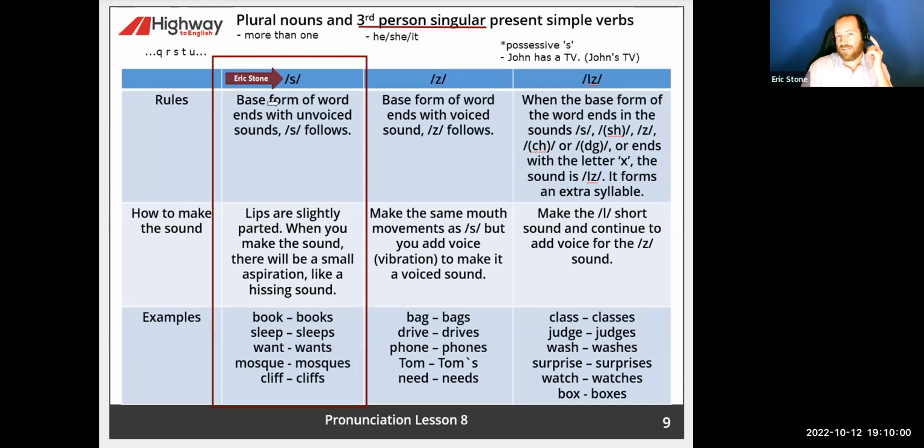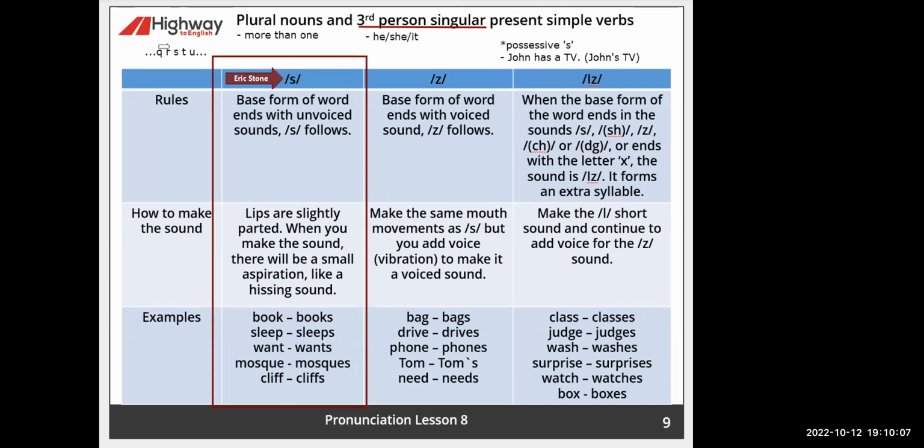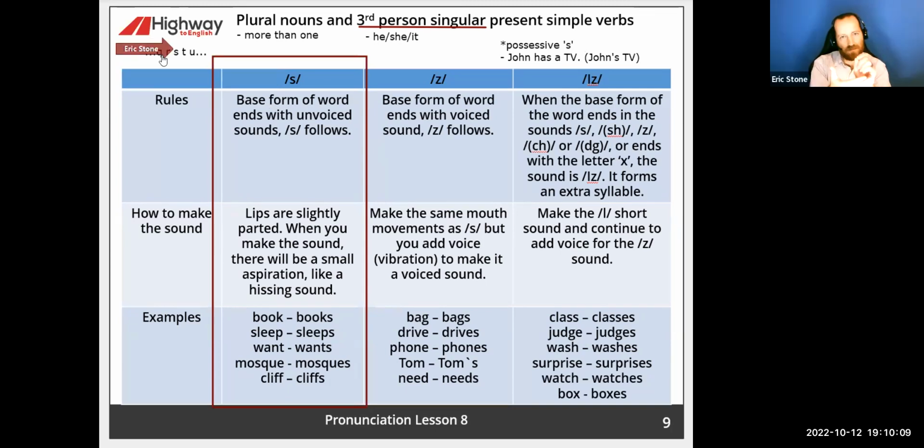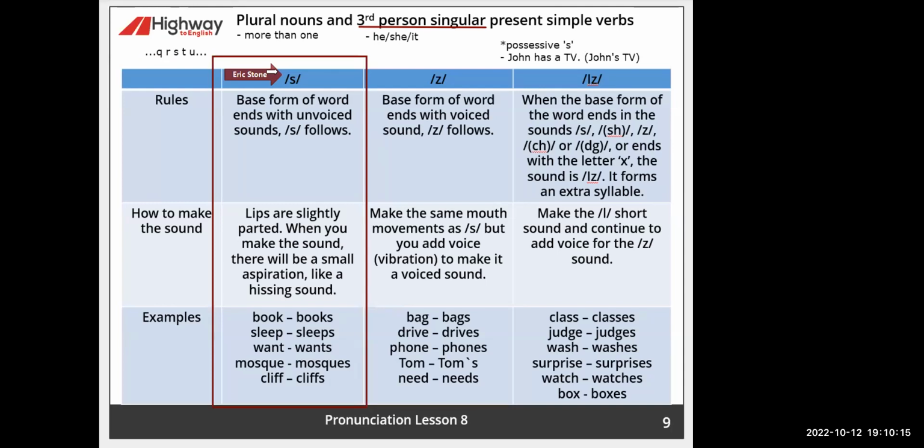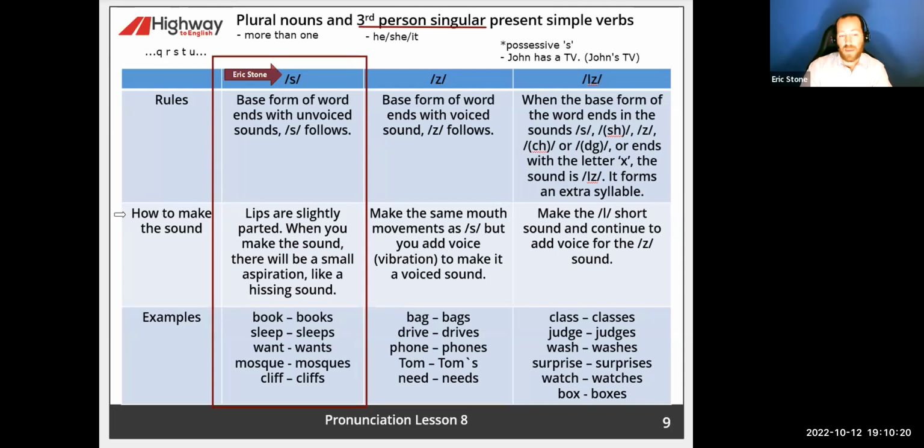It's not a letter. We're practicing sounds in this class. Good. Continue. How to make the sound.